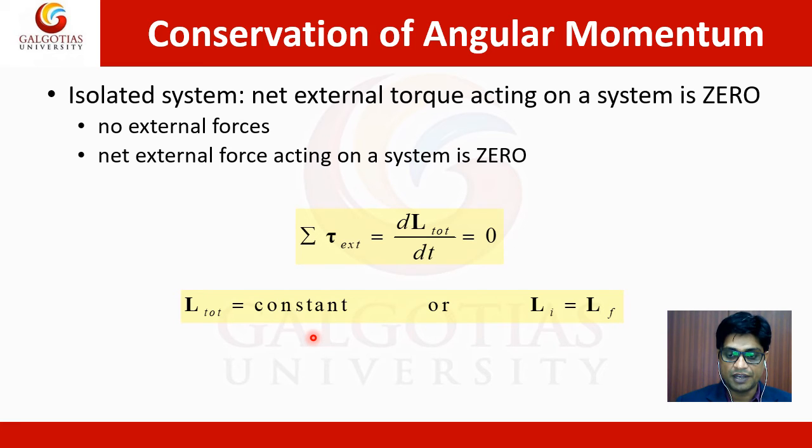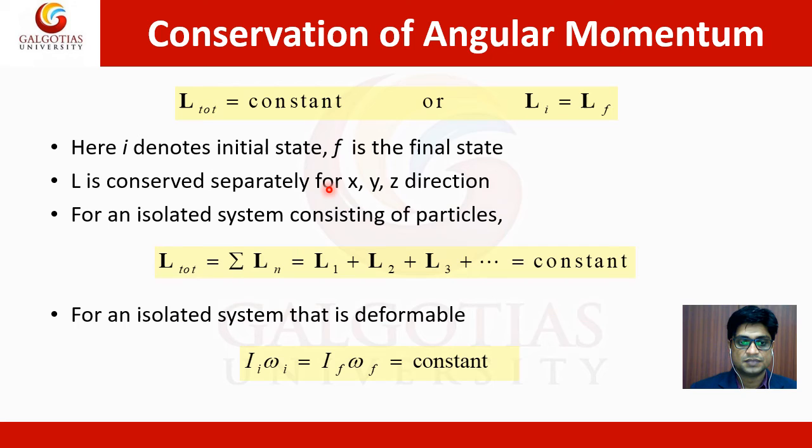So we can define that if there is no external torque acting on a system, then that system's angular momentum will be constant. We can also write it as L total is equal to constant, so the initial angular momentum will be equal to the final angular momentum.